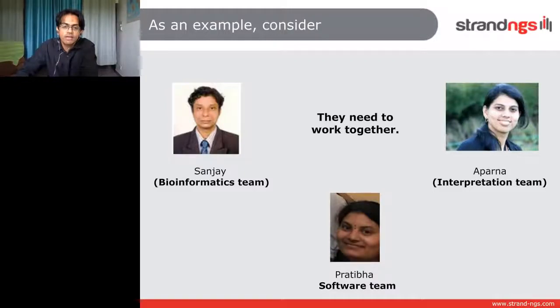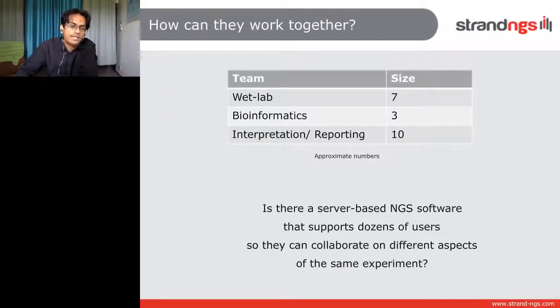So taking a toy example, if we add 3 more members in bioinformatics, and we also added a server, we're asking the question, is there a server-based NGS software that supports dozens of users? Clearly at least a dozen in this example, but in a practical example with many panels, probably far more than just one dozen.